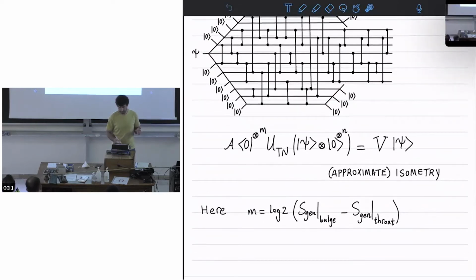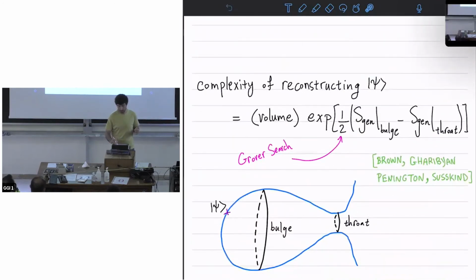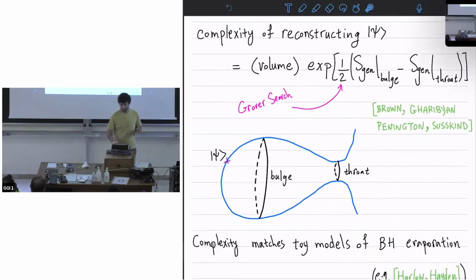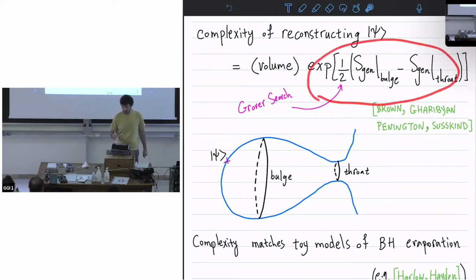So, as I said, the main insight here is the correspondence between these two pictures: the drop in the generalized entropy between these two extremal surfaces is what determines the number of these post-selected legs. So the conjecture, Python's large conjecture, is that in a geometry like this, the complexity of reconstructing the state psi in the black hole interior has an exponential factor, which is given by the drop in the generalized entropy.